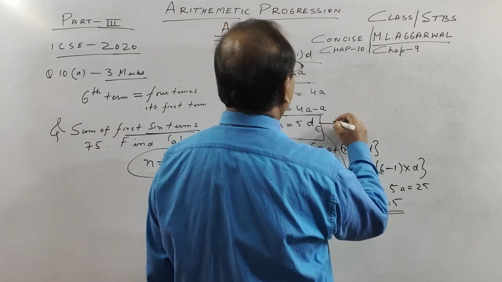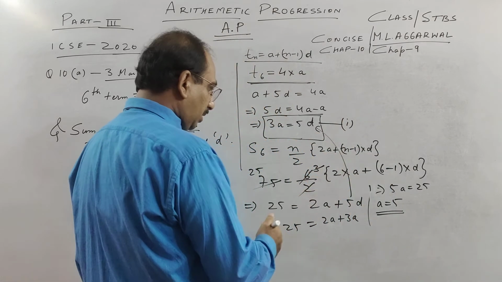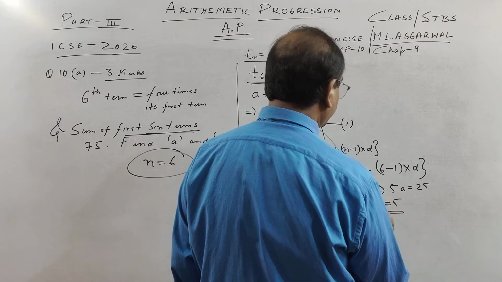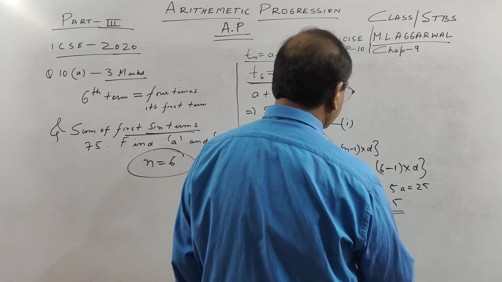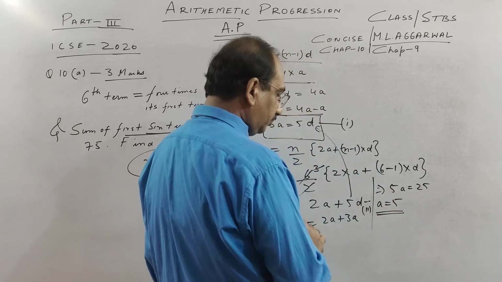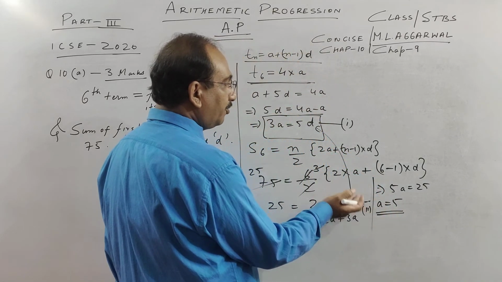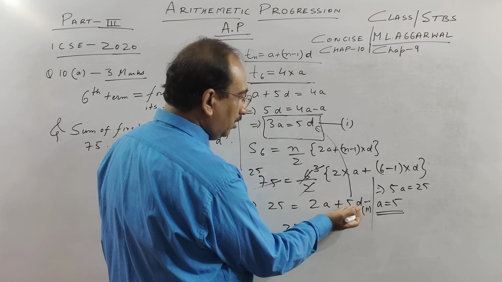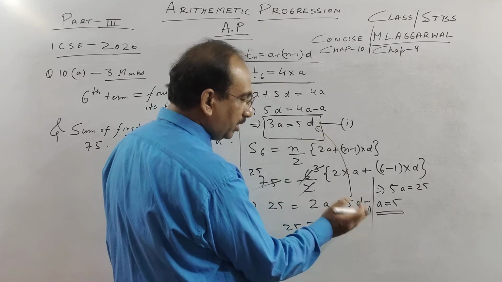Let this be equation 1, then we could have taken this as equation 2. So substituting the value of D from equation 1 in equation 2, 5D becomes 3A.